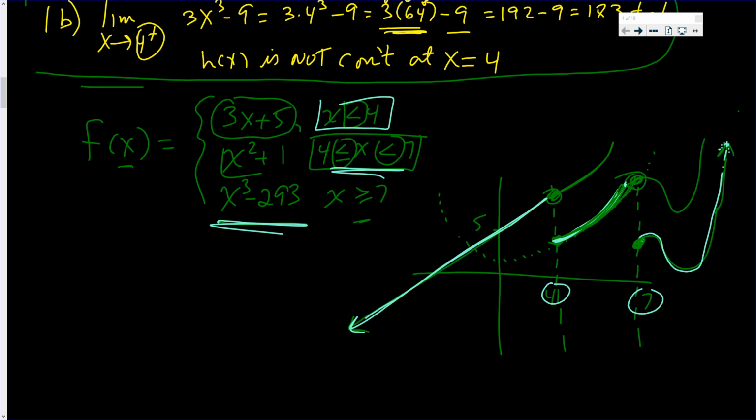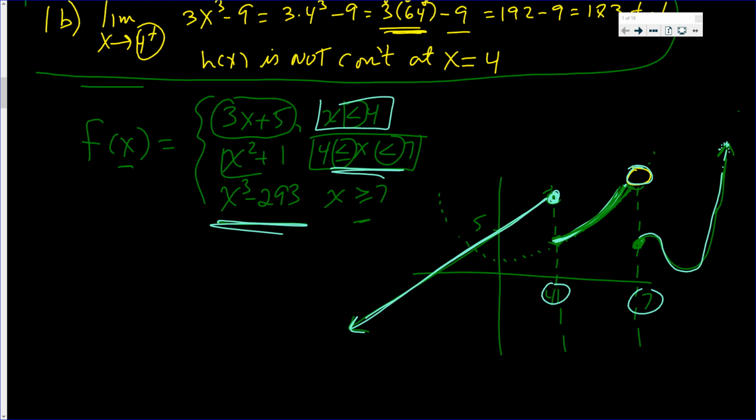This is what we need to investigate. What happens at 4 and 7?